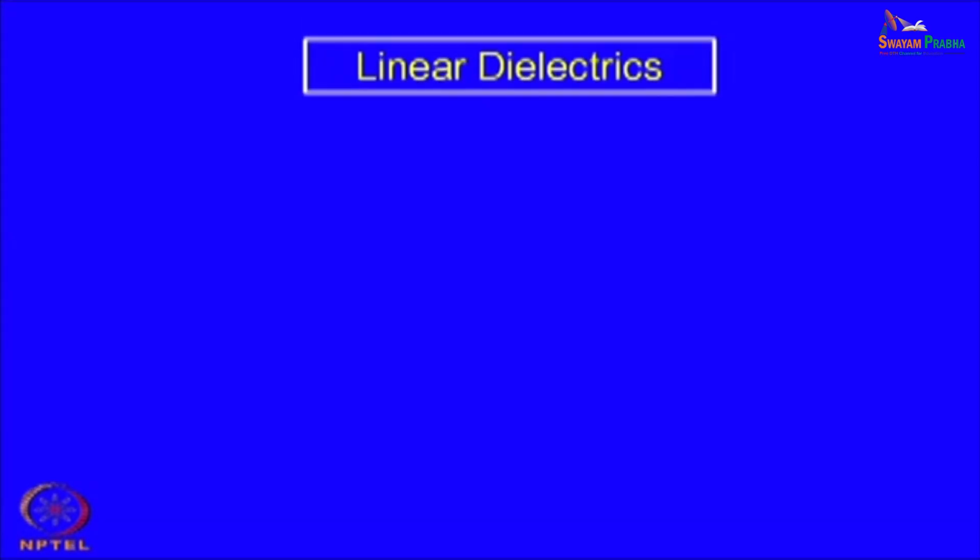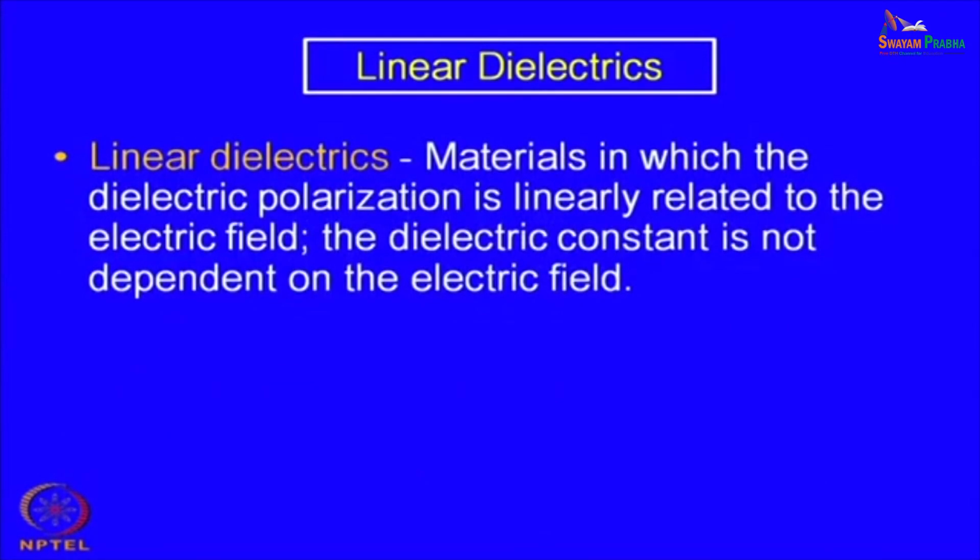Well, so far we have been talking about the dielectric material. There is a dielectric constant and there is a polarization as a function of applied electric field, and there are in fact two varieties of dielectric material. What we are discussing so far is actually called the linear dielectrics. These are a group of materials in which the dielectric polarization is linearly related or proportional to the applied electric field.